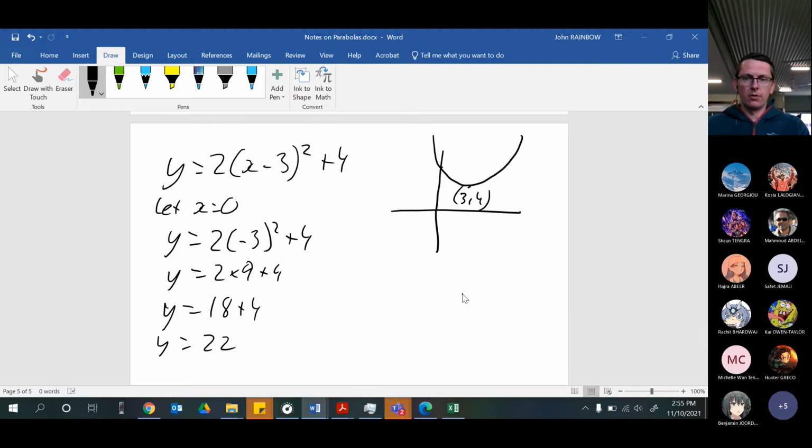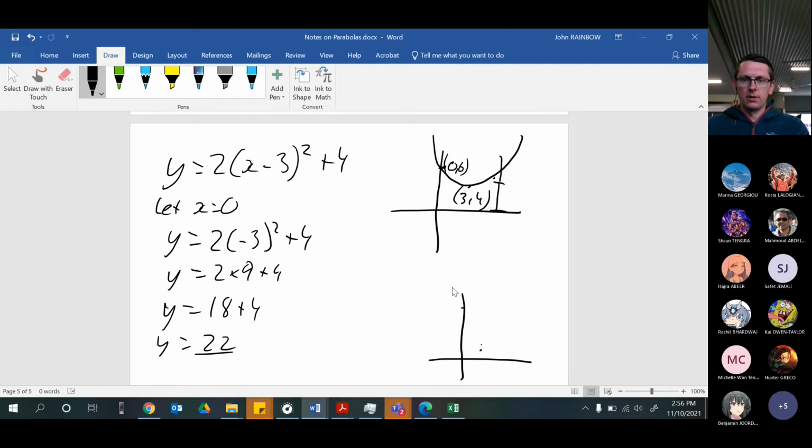So really, I've already drawn that wrong. Why I've drawn that wrong is because I've actually said that this is 4. So if that's 4, that means this would be about 6, right? And it doesn't go through there. It goes through 22. So that's why I'm talking about that's wrong. So if this is 3, 4, 4, 8, 12, 16, 22, around here.